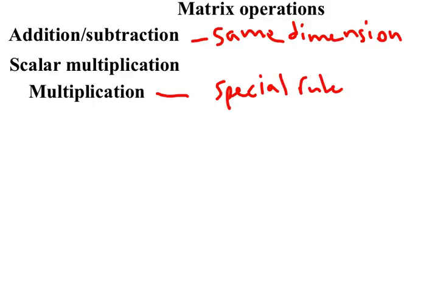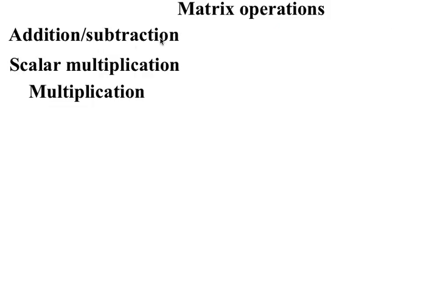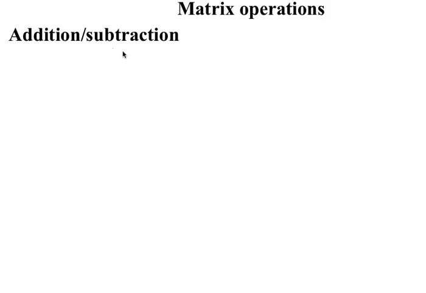So this means that if we want to actually do this, let's do an example of addition or subtraction. Please bear in mind, subtracting is the same as adding, except we're adding the opposite.